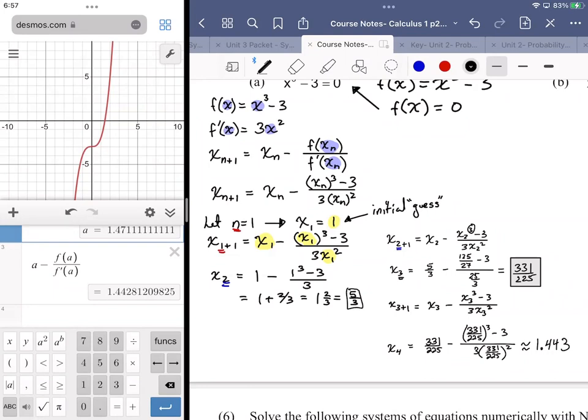Once it gives up on giving it to you in fraction form, then you'd have to start typing in decimals. But if you're using a computer, it's copy paste. Let me just do one more iteration.